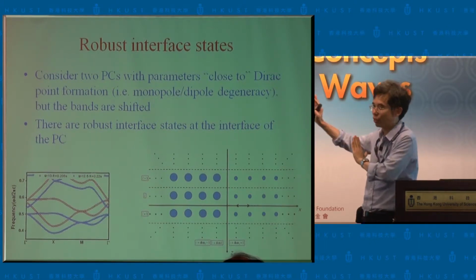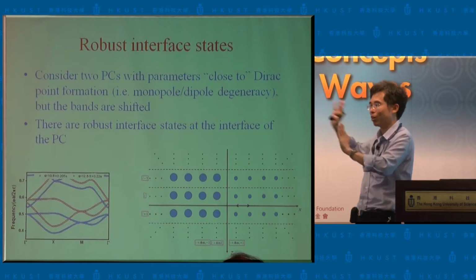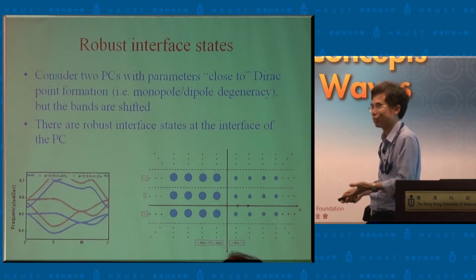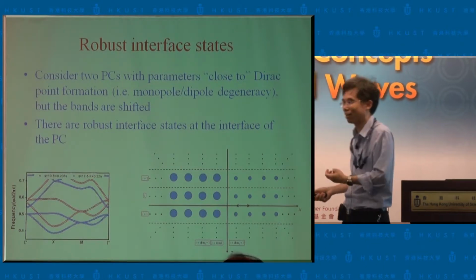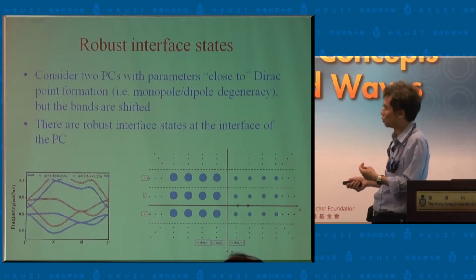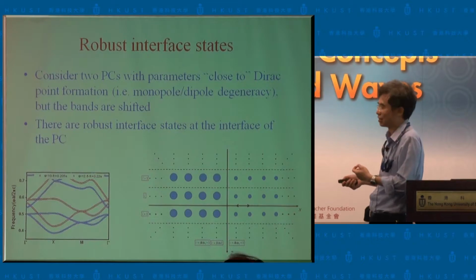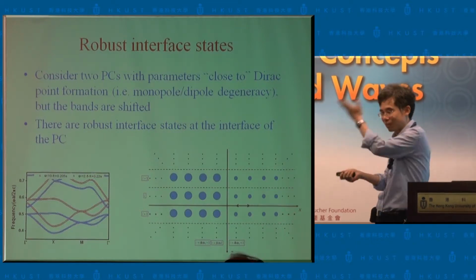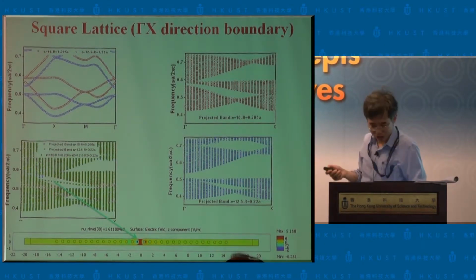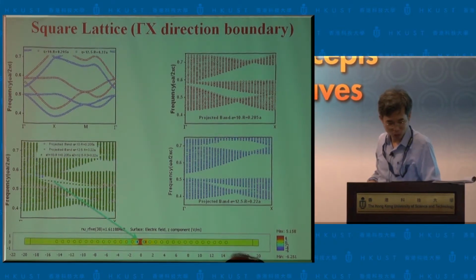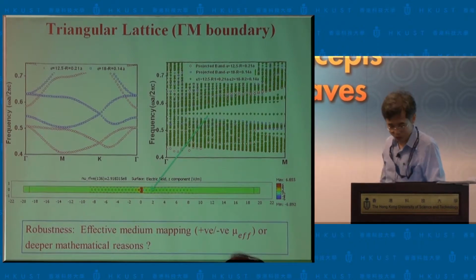If you have an effective medium that is positive on one side and negative on the other, you can have surface states. This mapping works very well, better than I thought. It gives photonic crystals in which one side and the other side are basically two sides of the Dirac Cone, and we can always see surface states in the gap, whether you have a square or a triangle. They are always there.